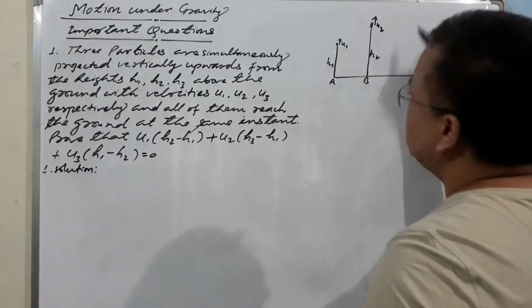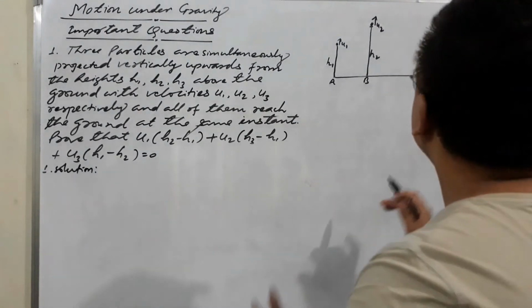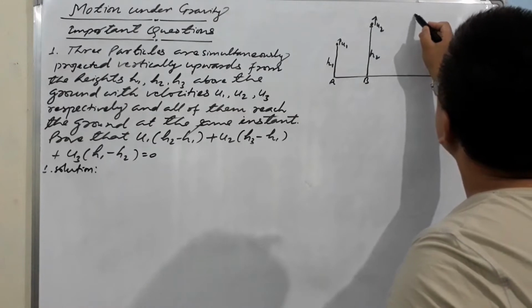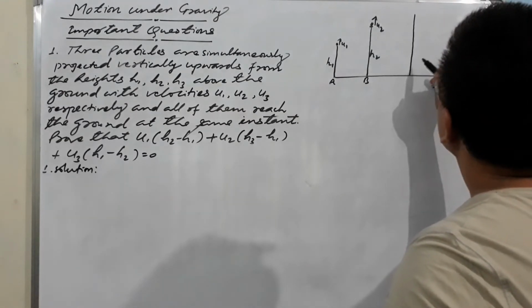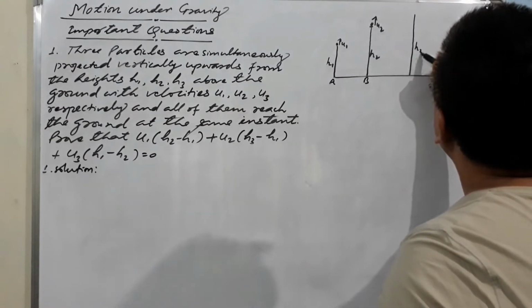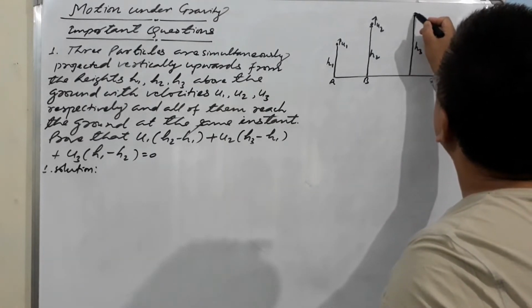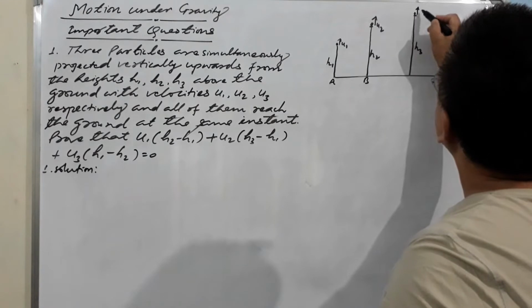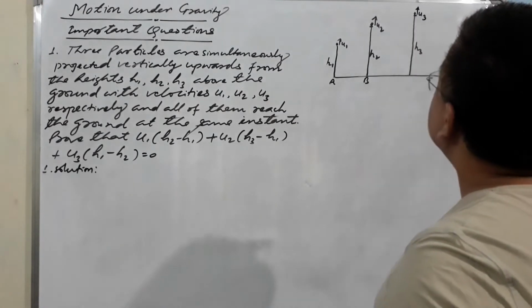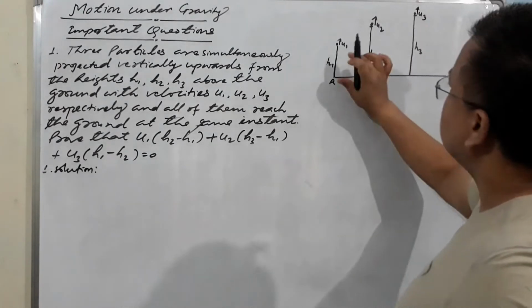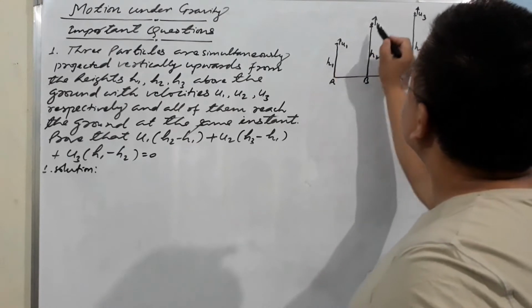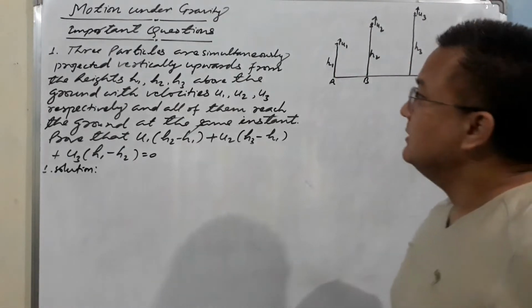And the third one, we don't know the heights, but they are different, that's why I'm making it this way. At height h3 we are going to project the particle from here, and its initial velocity is u3. So the particles are at certain heights.